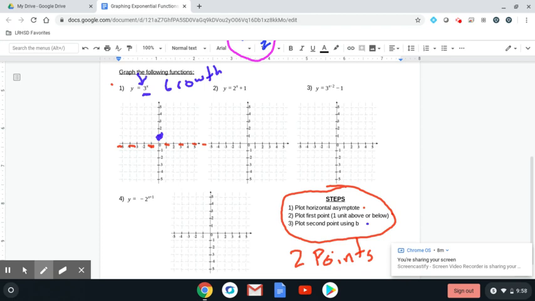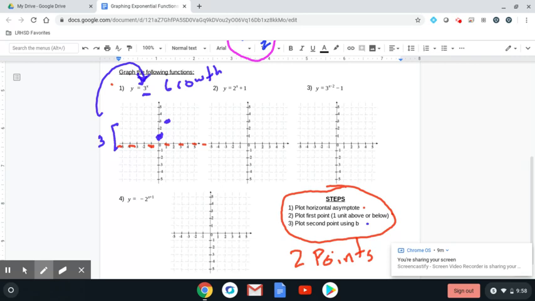So we go back to our horizontal asymptote right underneath the first point that we plotted, and since my base number is 3, I'm going to hop up 1, 2, 3 units. We're always going to run 1 unit to the right. But if you look from that second point to your horizontal asymptote, that's a distance of 3, which is how that base number affects this problem.